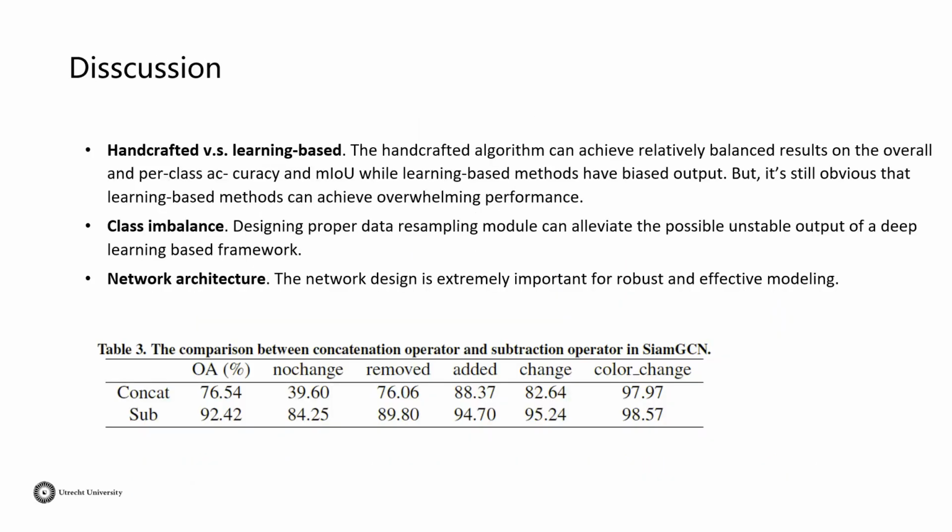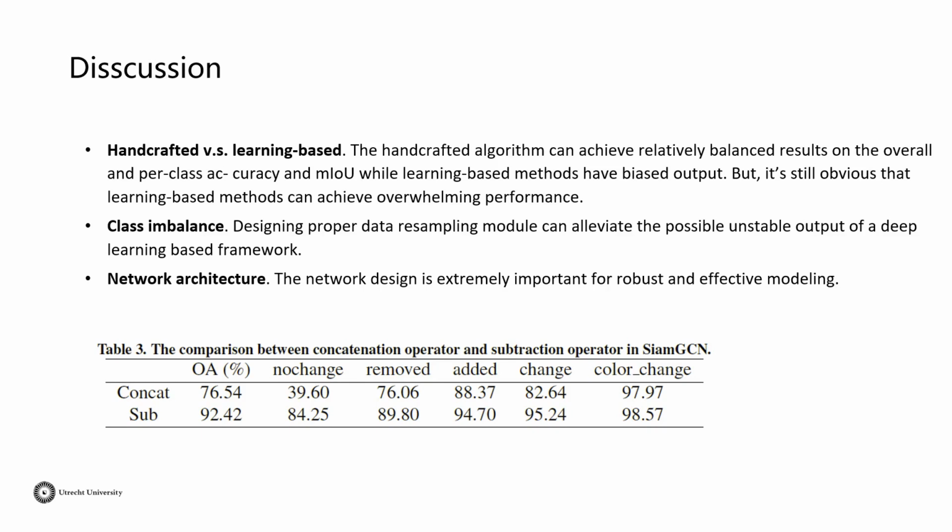We draw conclusions from three different aspects. The first is handcrafted versus learning-based. From the quantitative results, we observe that the handcrafted algorithm can achieve relatively balanced results on overall and per class accuracy and mIoU, while learning-based methods usually have unbalanced output on different classes.